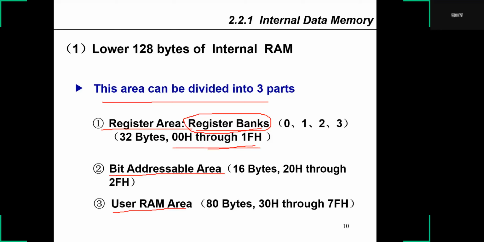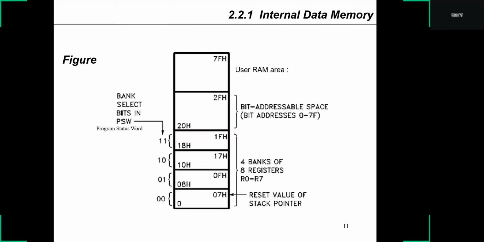So when we make a program, if we want to use some RAM, we need to use this part. It's the structure of memory. Here is register bank 0.